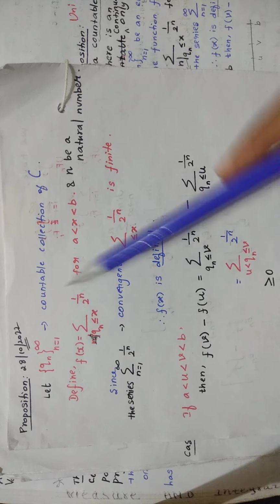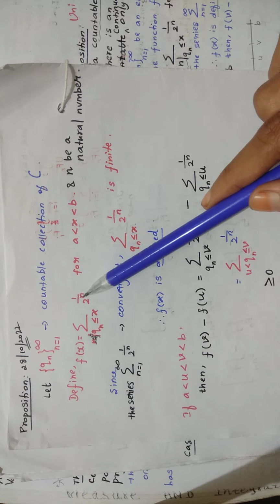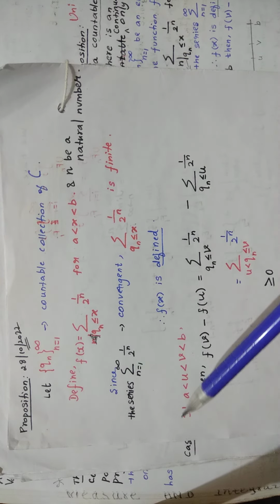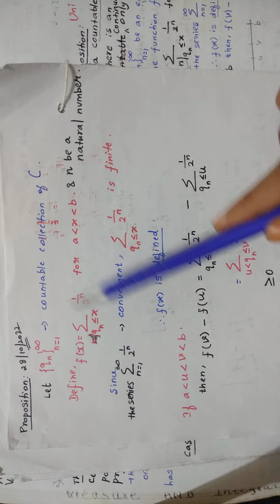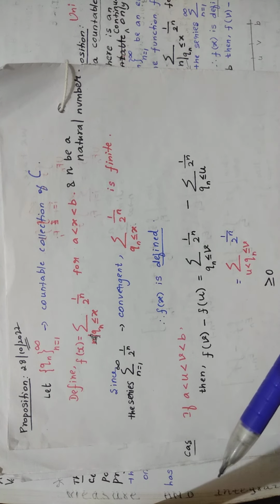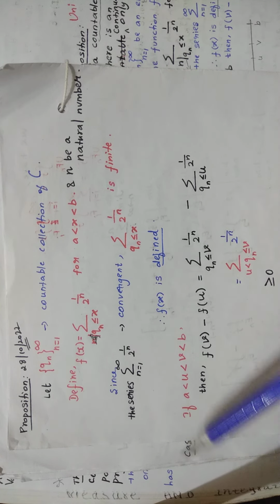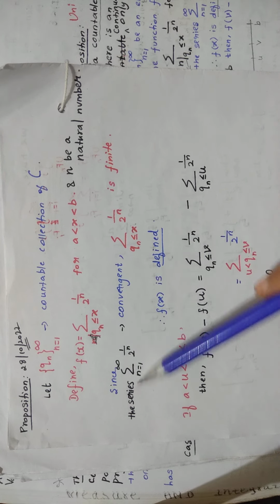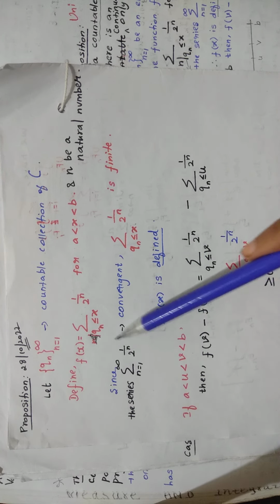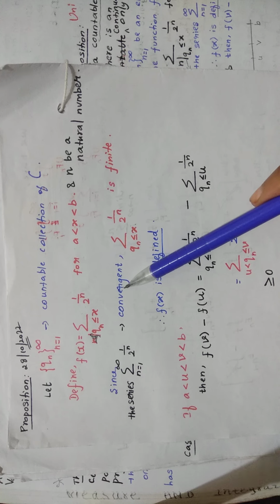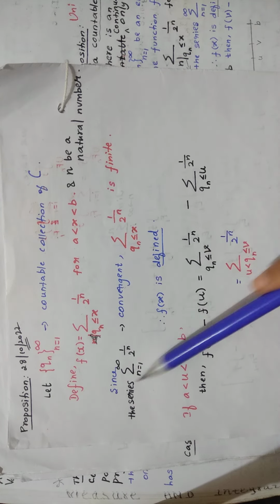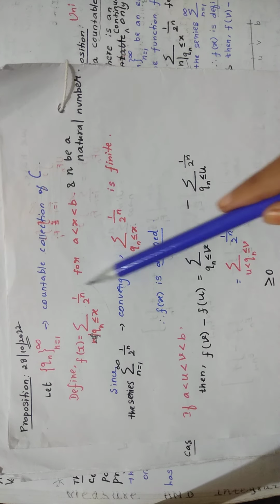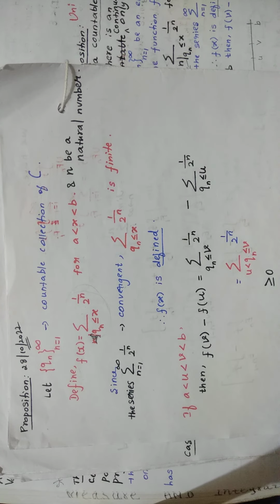Since you know that summation 1 by 2 power n is a series, and in first year MSc you will learn that summation 1 by 2 power n is a convergent series, you are using that. Since the series summation n equal to 1 to infinity of 1 by 2 power n is convergent, you can say this is finite.